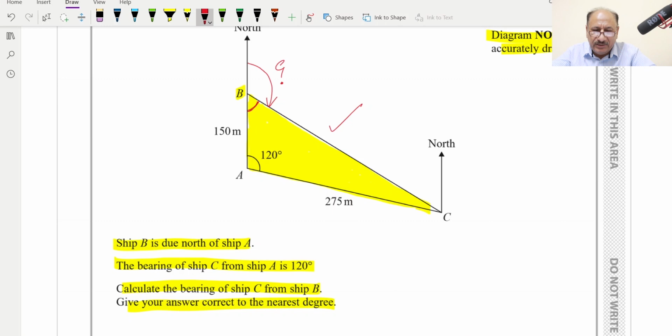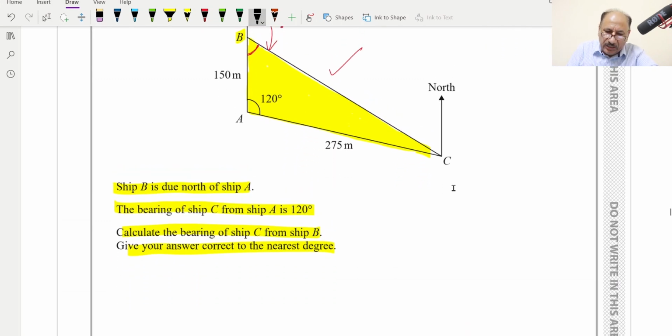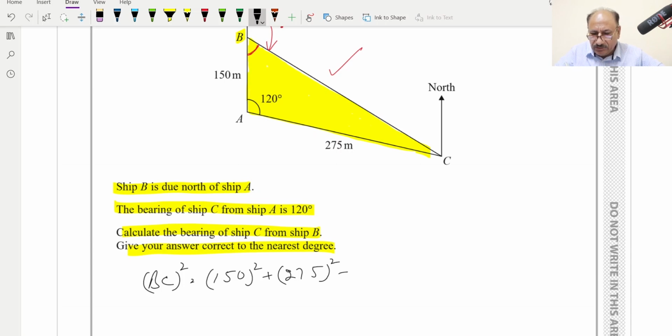So to calculate the BC side, we will apply the cosine rule, and the cosine rule will be what? BC squared is equal to the sum of the other two sides squared, 150 squared plus 275 squared, minus 2 into one side, which is 150, and into 275 into cos of this angle, which is 120 degrees.